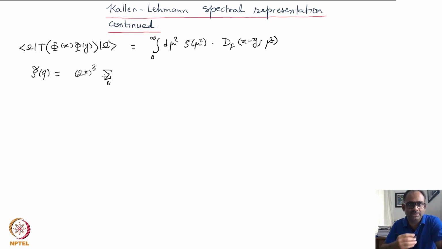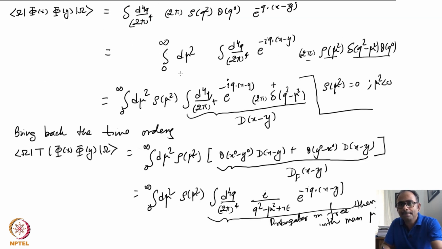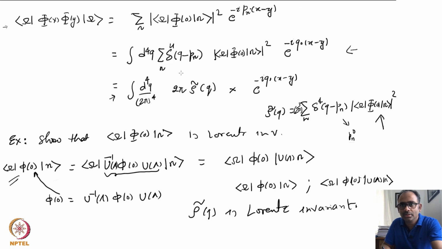By all the states I mean I have taken the states n to be the eigenstates of the energy momentum vector p mu, with delta 4 of q minus p n times omega, phi 0 to n.